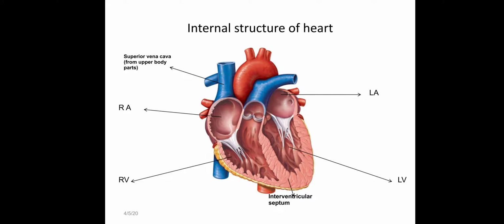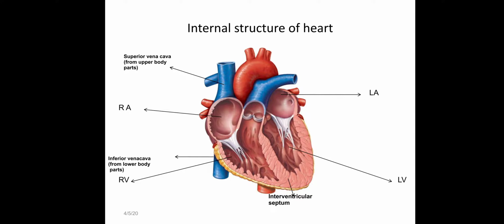The next blood vessel is the inferior vena cava. The inferior vena cava brings the deoxygenated blood from the lower parts of your body into the right atrium. So both of these blood vessels bring the deoxygenated blood to the right atrium.